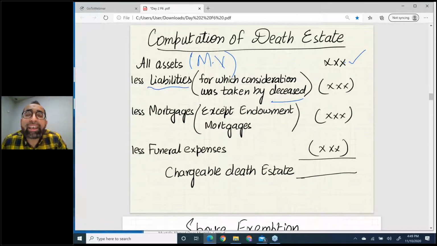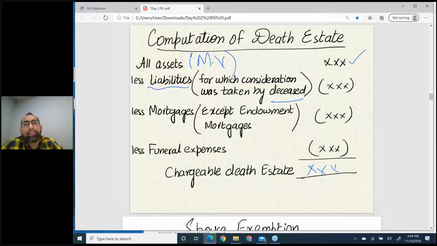Just add the actual receipts of life insurance or life assurance policies. And finally, you can less the funeral expenses. Okay. So here you will have the chargeable estate. This will be your chargeable death estate.